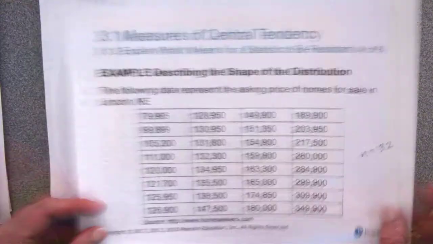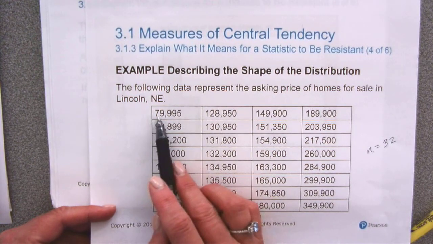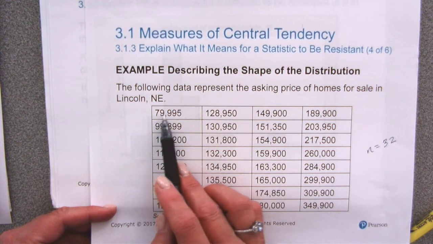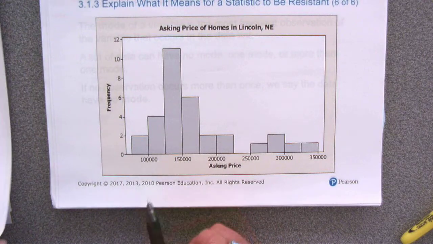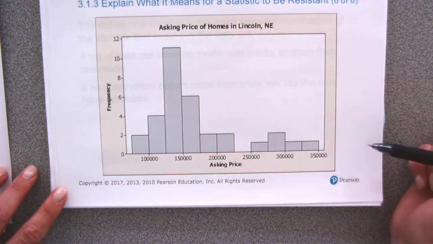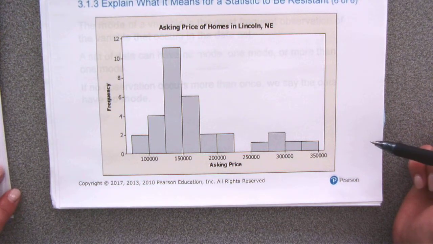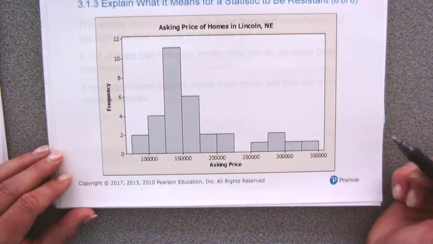So the lowest number was 79,995, so we used a lower limit for that first class of 75,000 and then went by 25,000s. Okay, so everyone understand how to make the frequency distribution? Okay, so when you look at this, what would you say the shape of it is?